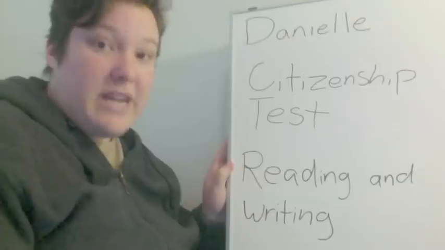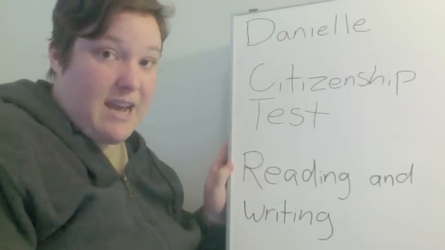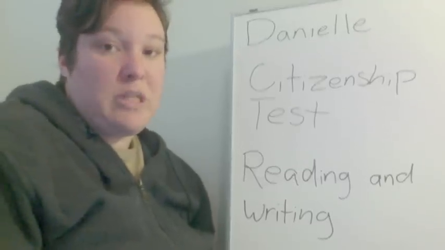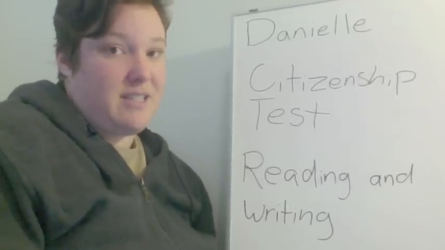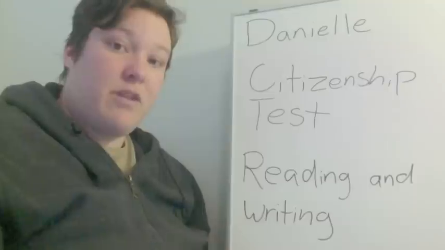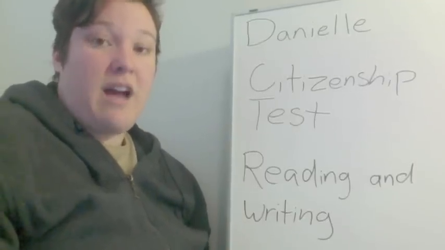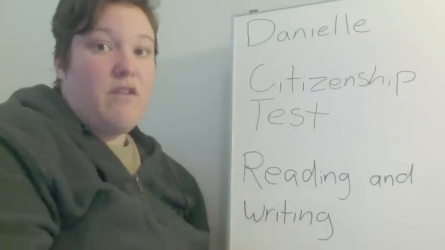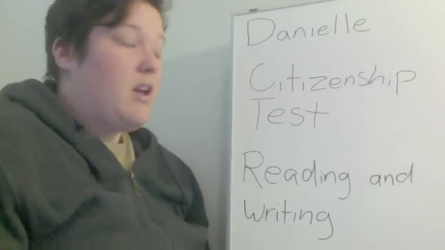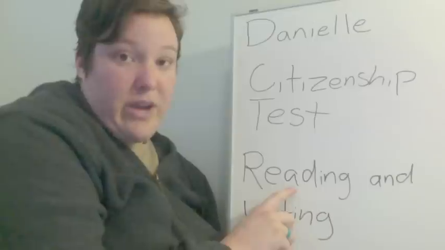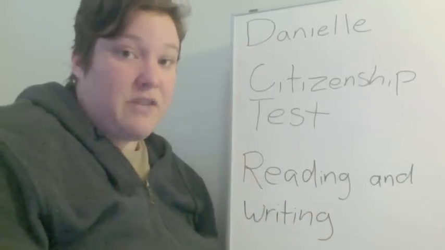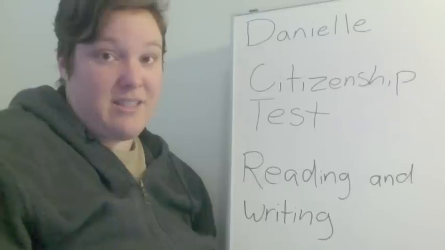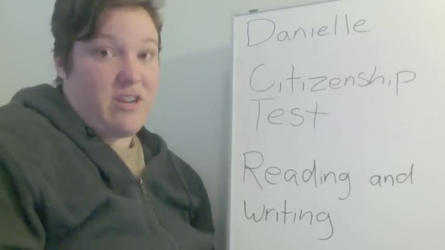For the reading section, when you take the test, a computer will put together 3 different sentences, and each of those 3 sentences will have words made only from the vocabulary lists for the reading section. So, you will have to read out loud 3 different sentences, but you only have to read 1 correctly to pass the reading section of the test.